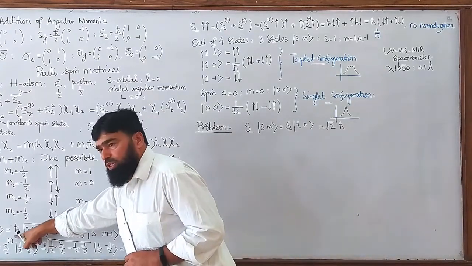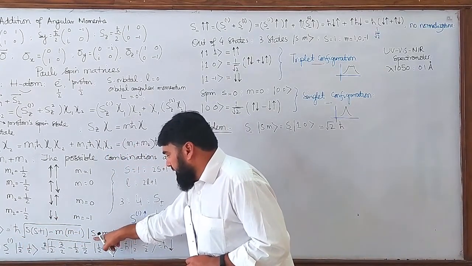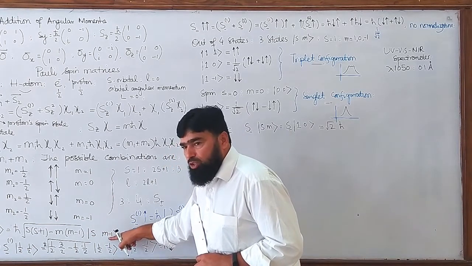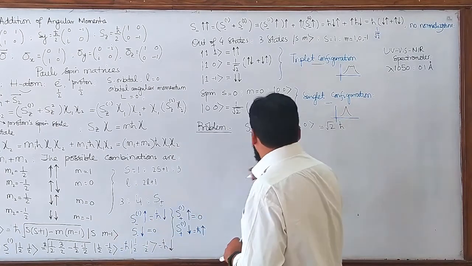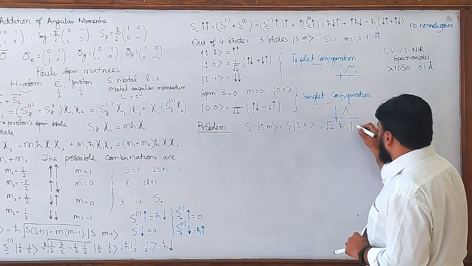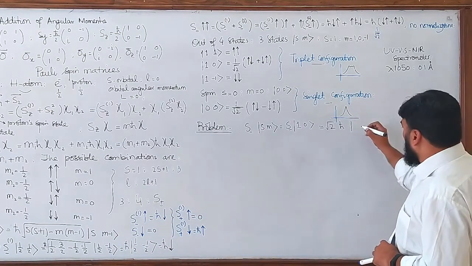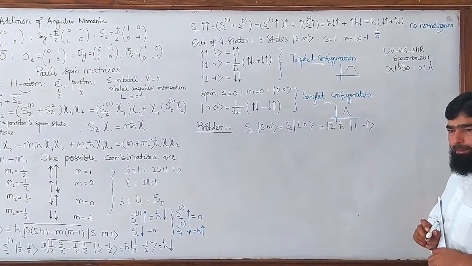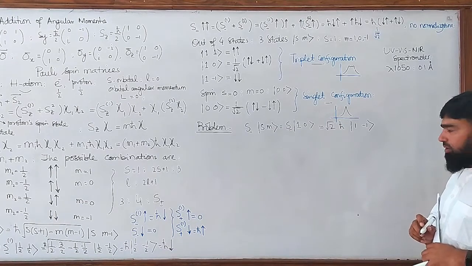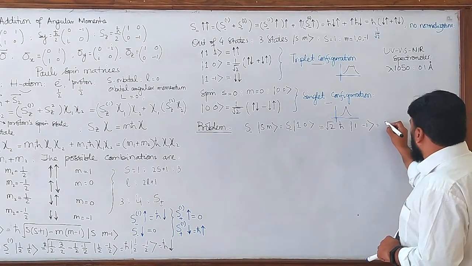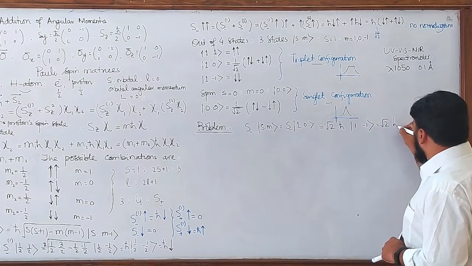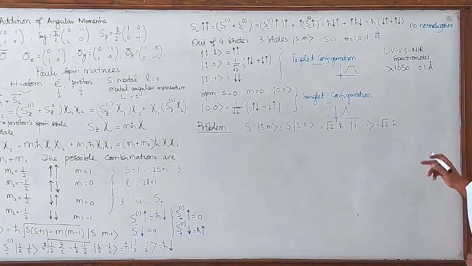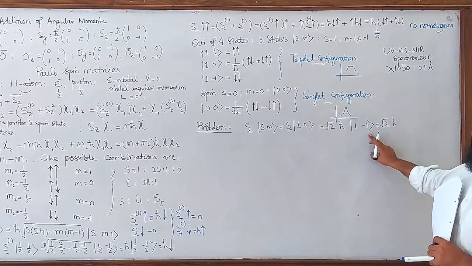Then come here. S is 1, and M becomes M minus 1, so 0 minus 1. So it came out to be 1, minus 1. Got it? Yes. So square root 2 h bar is the eigenvalue, and the 1, minus 1 state.